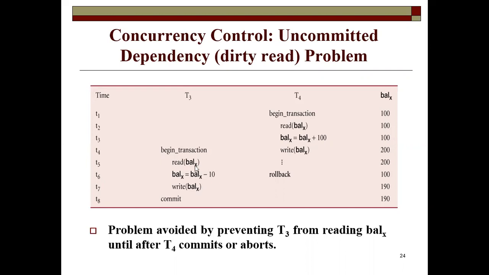It's using the 200 because it read at T5. At T5, the balance is still 200. It's at T6, while it is making an update, that we have a rollback. Is it clear, Jesse? Yes, thank you.